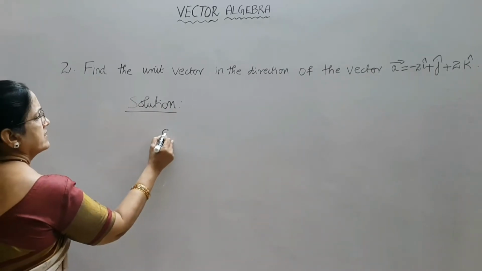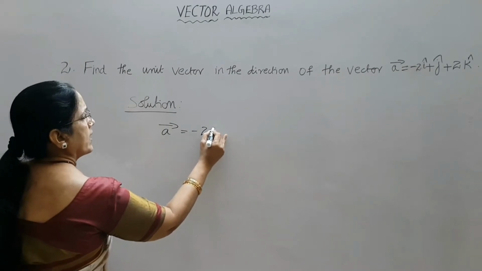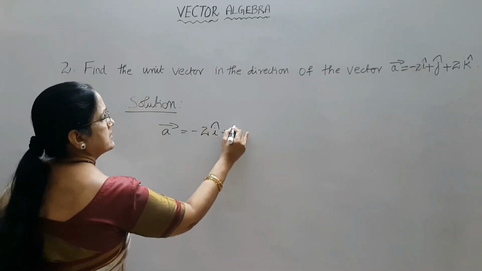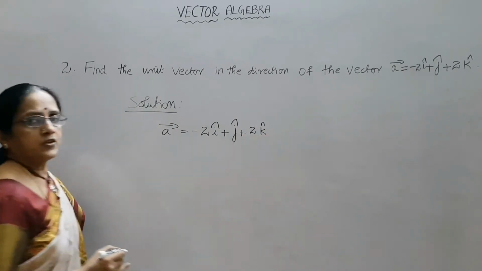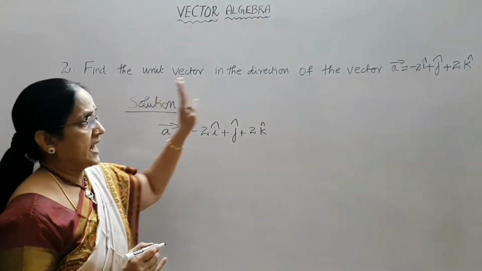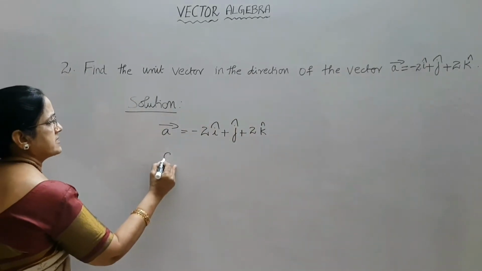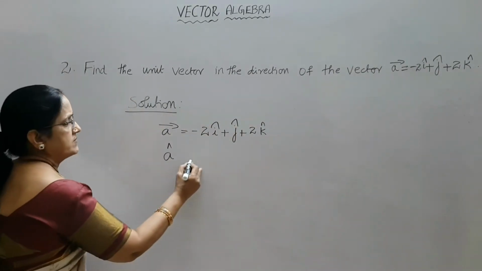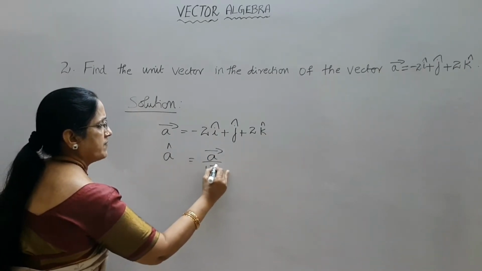You have been given A vector is equal to minus 2 i cap plus j cap plus 2 k cap. You need to find out the unit vector along vector A. And you know, unit vector is represented by A cap, which is nothing but A vector by modulus A vector.